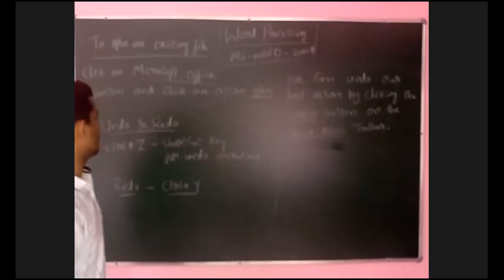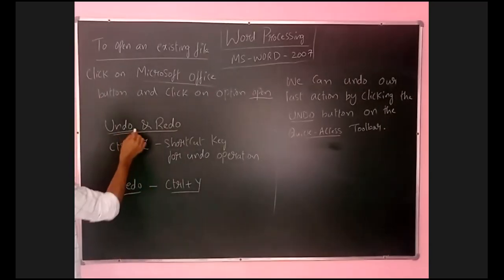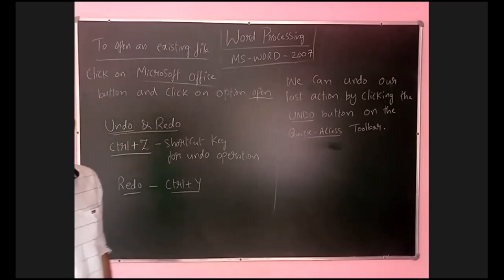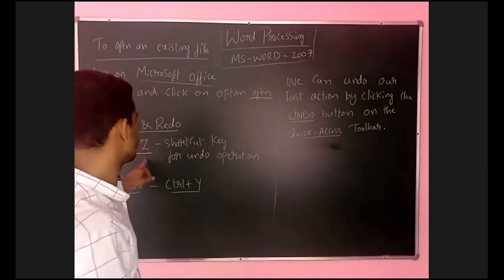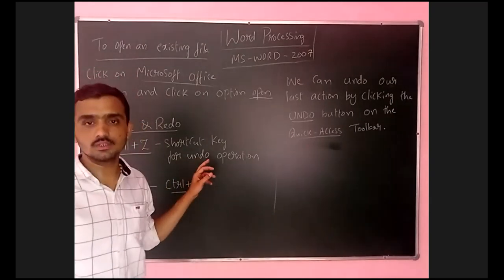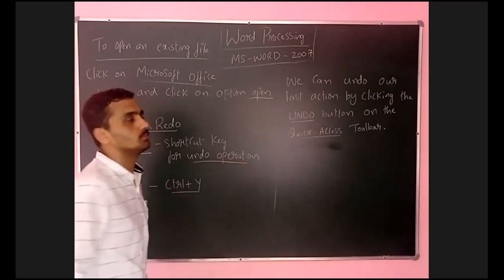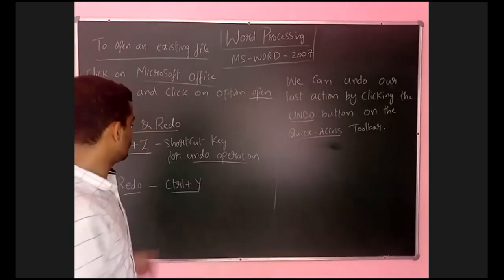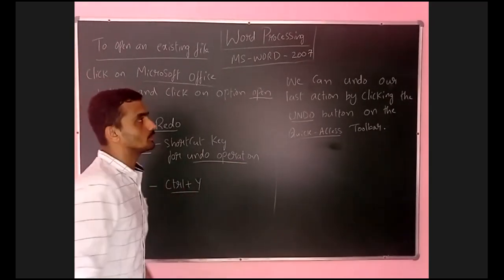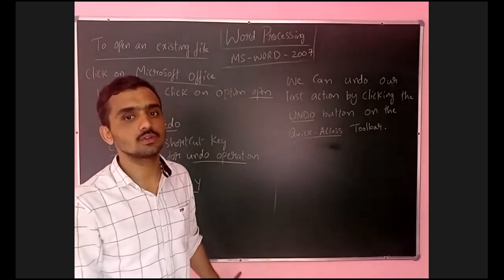The shortcut key for undo is Control plus Z, and for redo it is Control plus Y.